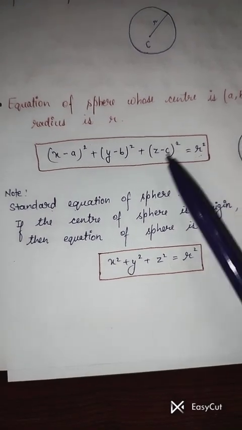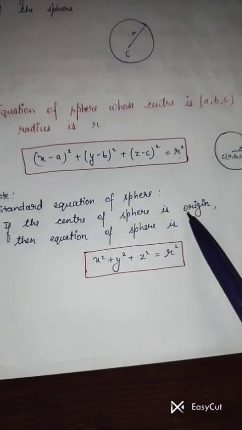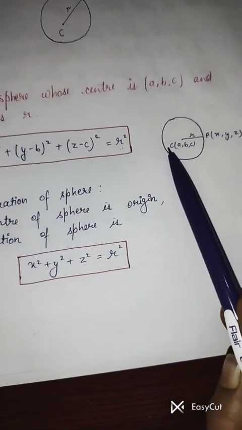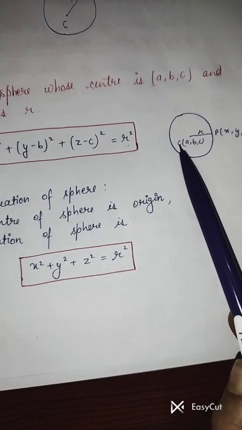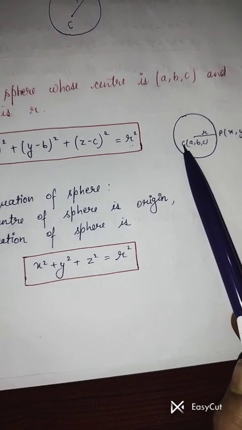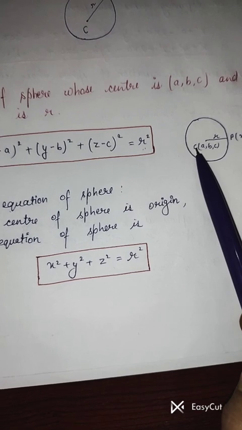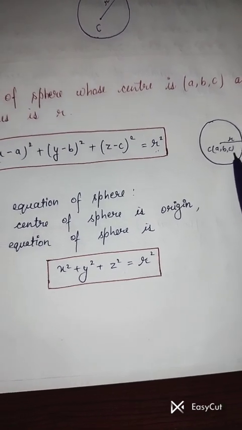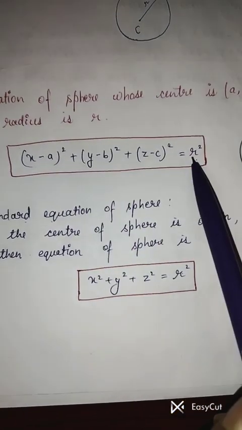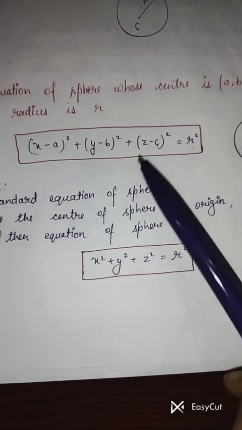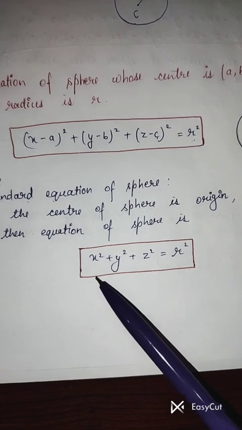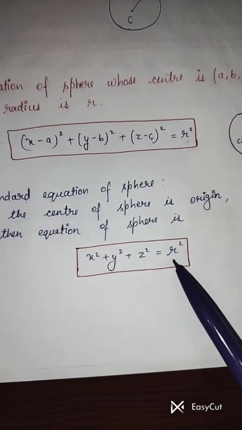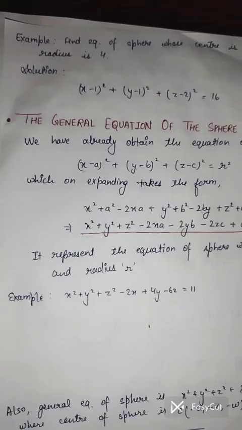If the center of the sphere is the origin, then the point (a, b, c), that is the center C, is at the origin, so the coordinates of C will be 0, 0, 0. Then the values of a, b, c here will be 0, and we will get the equation of a sphere as x square plus y square plus z square is equal to r square.